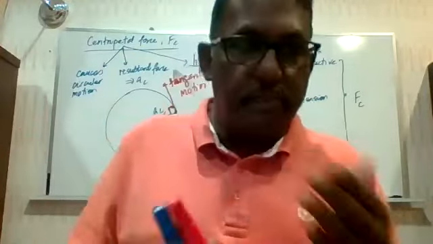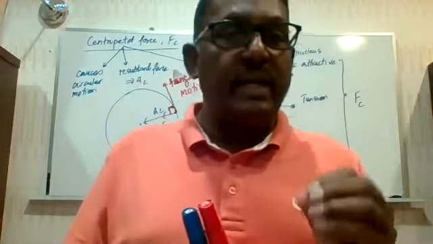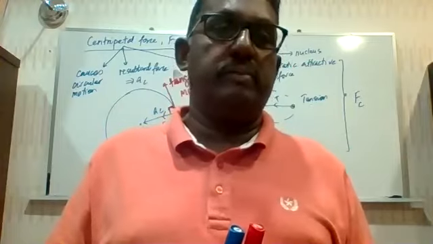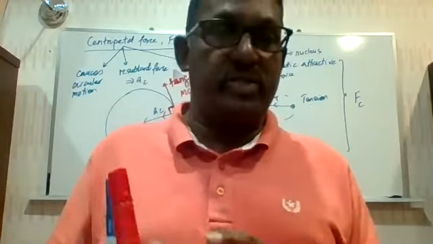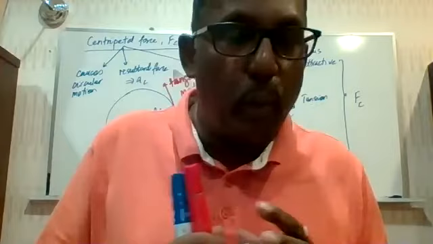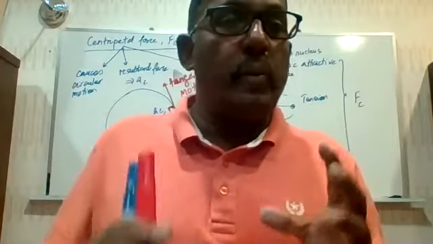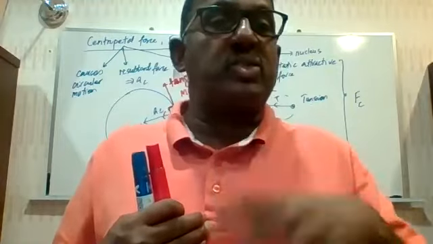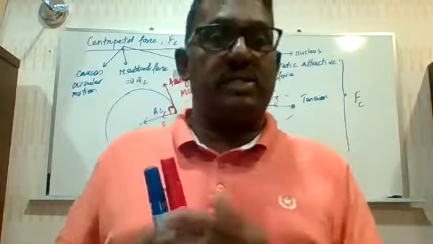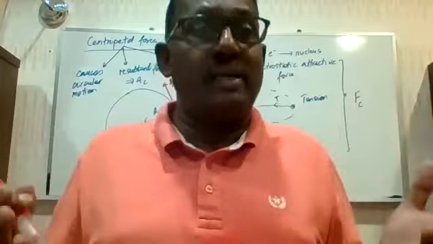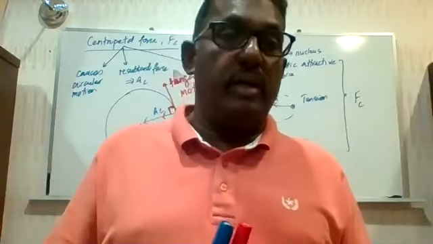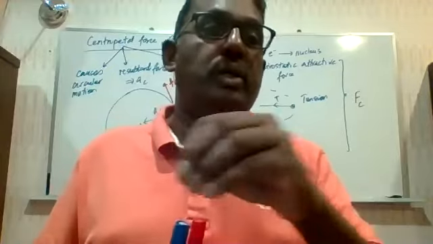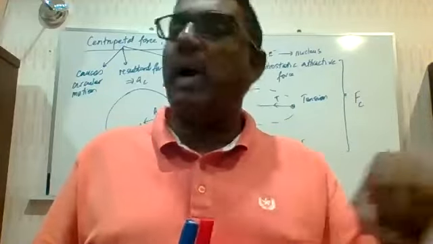Meaning, any object that moves in a circular motion does not lose energy because it is not doing work. Only when an object does work does it lose energy, because the energy is transformed through the work it has done. But here, no work is done. So what am I trying to say? An object that is moving in circular motion will continue to move in circular motion perpetually.